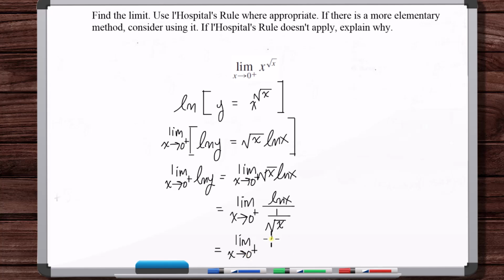So you get 1 over x, and then this is x to the minus 1/2. So minus 1/2 x to the minus 1/2 minus 1 is minus 3/2. Okay, so this is equal to the limit as x approaches 0 from the right, x to the first times x to the minus 3/2.